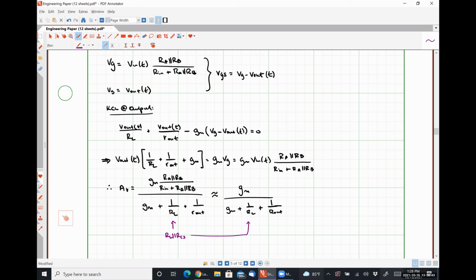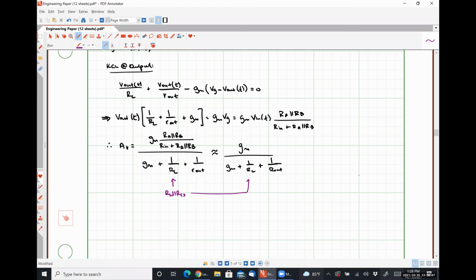How would we maximize this? We could say that when GM is large, our voltage gain will approach 1.